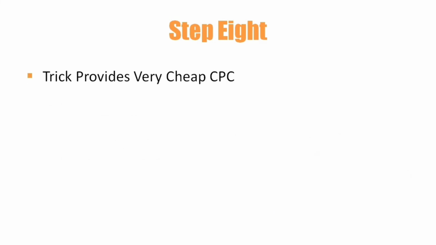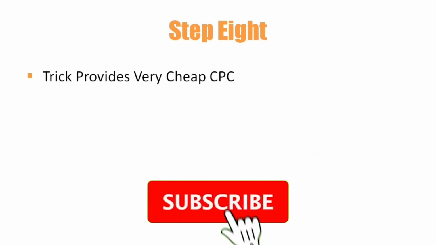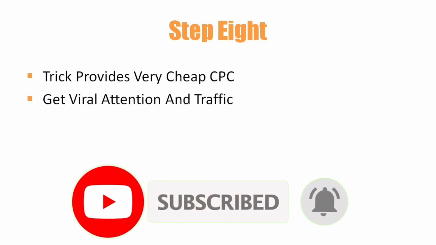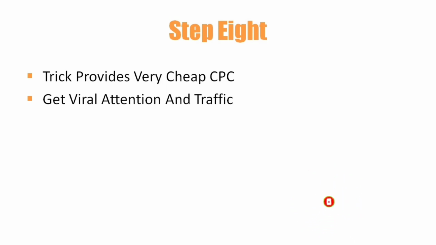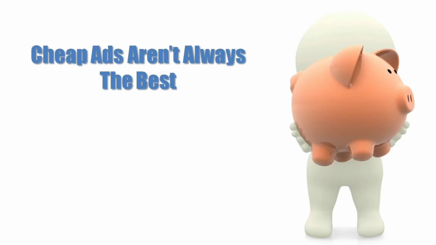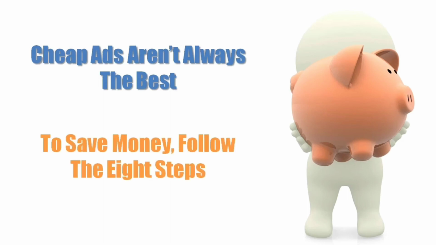Not only does this little trick provide a very cheap CPC, but you also get viral attention and traffic. These are definite wins for you, and your audience feels like it is part of an important community and more valued.